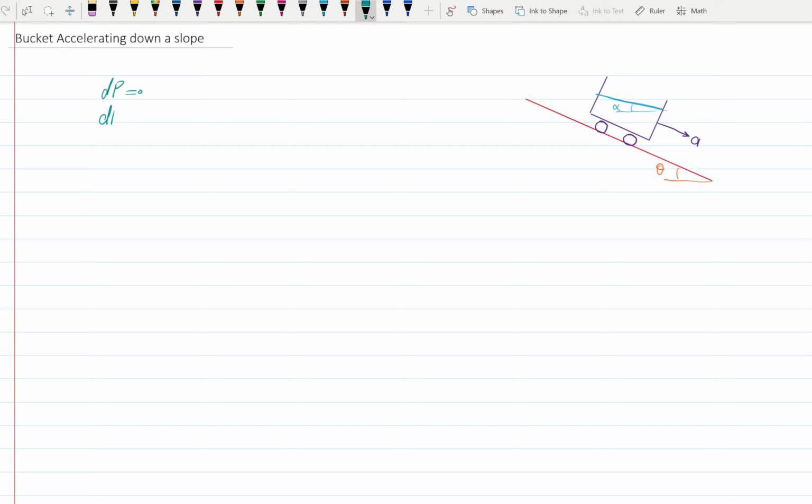But what is dp? p is both a function of x and z, so therefore dp is ∂p/∂x dx plus ∂p/∂z dz, right? So if we set this equal to 0, we conclude that therefore dz/dx, which is the equation of the line or slope of the line with respect to the horizon, is equal to negative ∂p/∂x over ∂p/∂z.